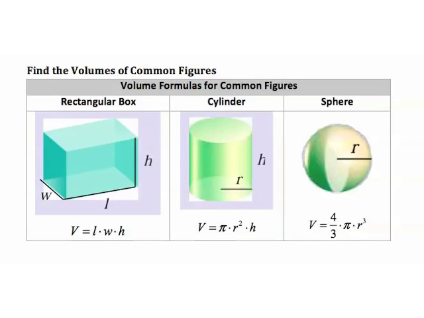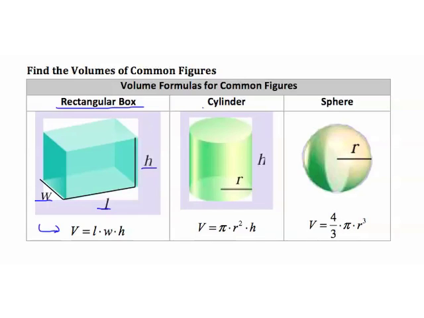Find the volumes of common figures. Just like with area, to find the volume of most figures, we use formulas. Let's take a look. I have 3 formulas listed here. For a rectangular box, which looks like this, we have the following formula for the volume. We take the length times the width times the height.